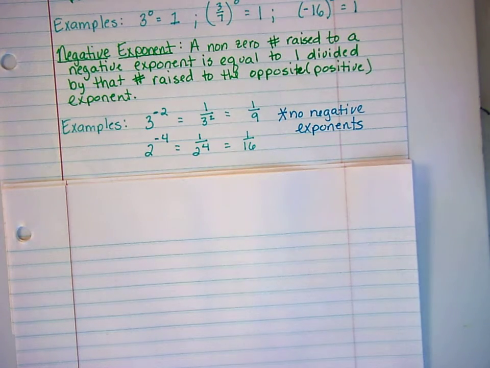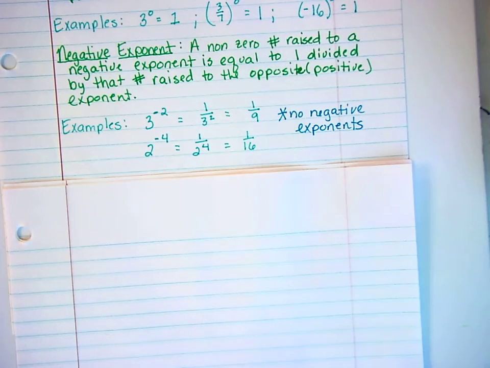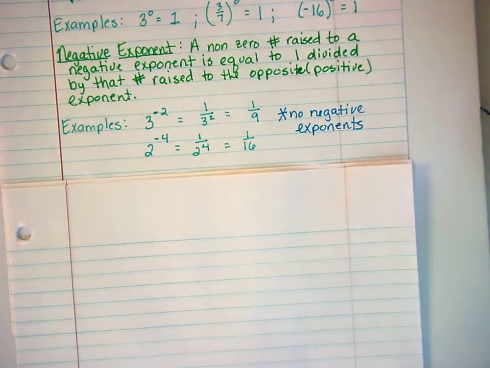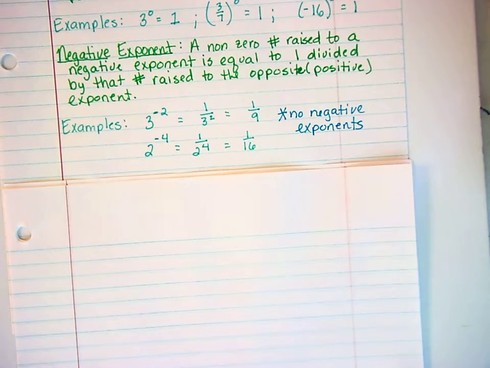Okay? If you're close to the bottom of your page, you're going to want to switch over to the next clean page. If you're not, you can continue on this page. We're going to do 10 problems together. Now these are going to feel a little awkward and uncomfortable at first, but once you start doing these a little bit more, you'll get the hang of it.